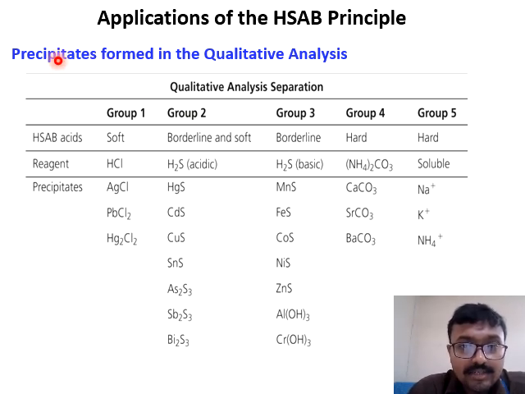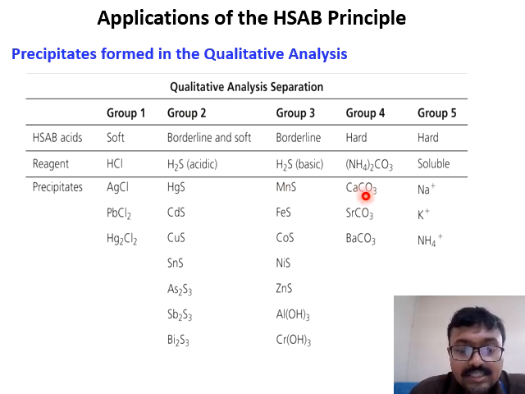The hard soft acid base principle is also applied to explain the precipitates formed in qualitative analysis, right? For example, silver chloride precipitate is forming, mercury sulfide precipitate is forming, manganese sulfide precipitate is forming, calcium carbonate precipitate is forming.